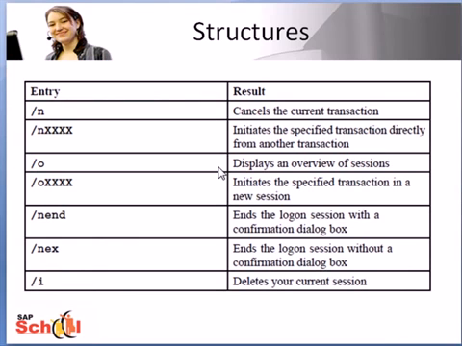So here are the most frequently used commands. /n cancels the current transaction. /o that we've just seen, it creates another session, initially displays the overview of all the sessions you have, and then you can generate another one, and so on. So these are some of the useful and frequently used commands that might be good to know about.